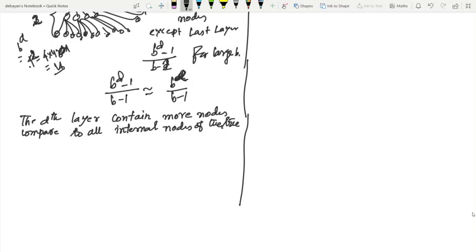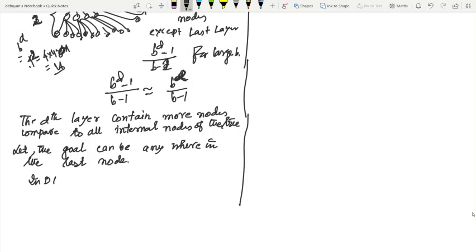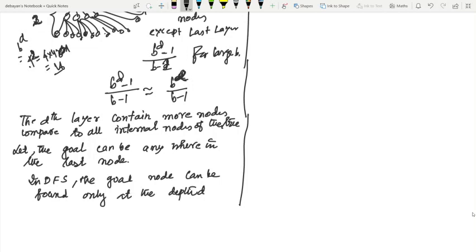So let the goal be anywhere in the last node. In this case, the goal node can be found only at the depth d, because we know that it will be exploring, going deeper and deeper.